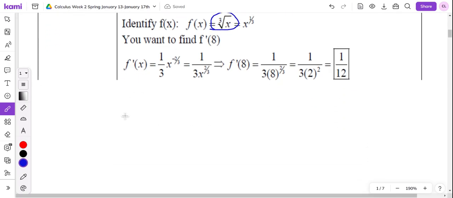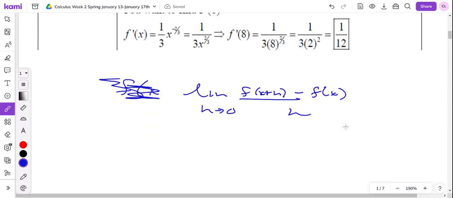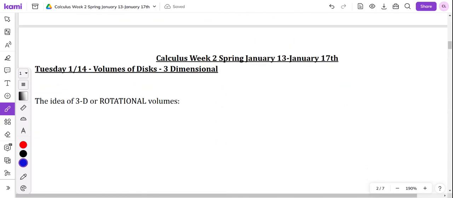We're really working on that limit definition of slope. Remember, we keep talking about that. It's always something to do with slope over the change in x, and so we want that change in x to be 0. So that was yesterday's deal.